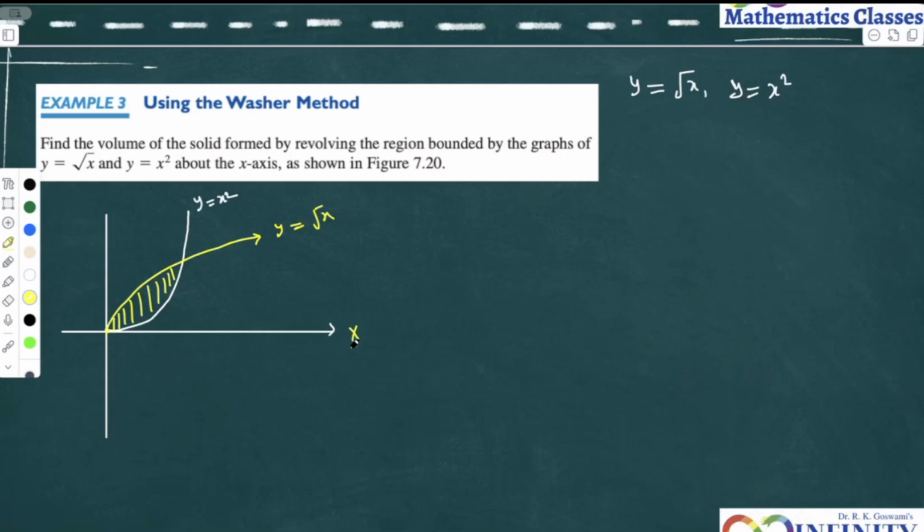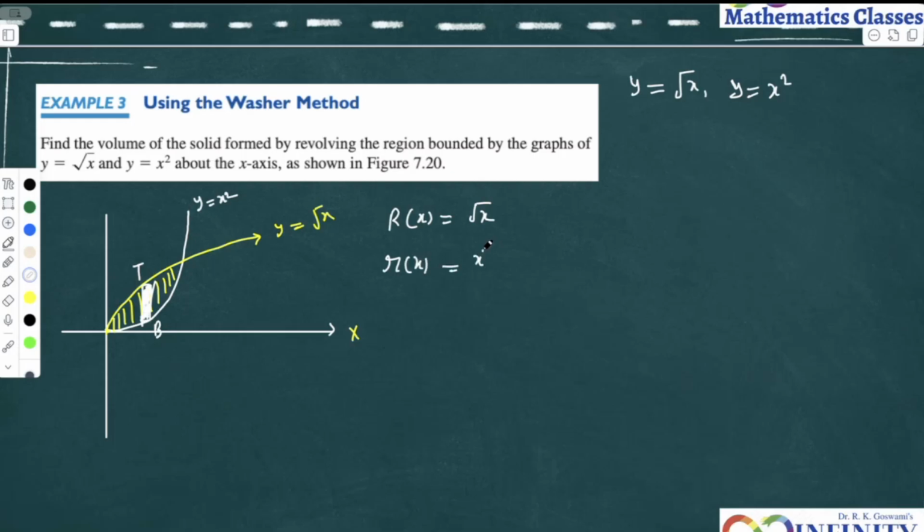Now, if you ask me what is the top and what is the bottom, I will ask you to take a vertical strip. In the vertical strip, you can easily tell me what is at the top and what is at the bottom. So if I ask you what is the capital Rx, you will tell me it is the top curve. What is the top curve? Square root x. Small rx stands for the bottom curve.